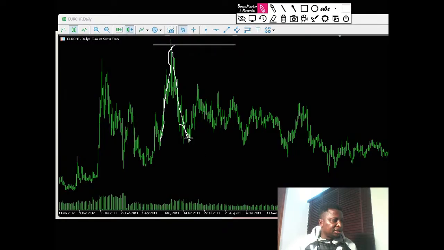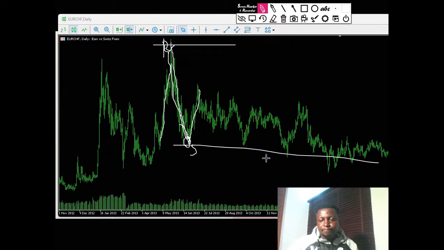At this point that price got to, while it was selling, buyers came in and the market started buying. Here is our support. Resistance and support. So when you spot support and resistance, you mark it out with a line.